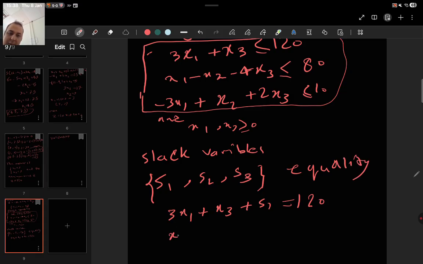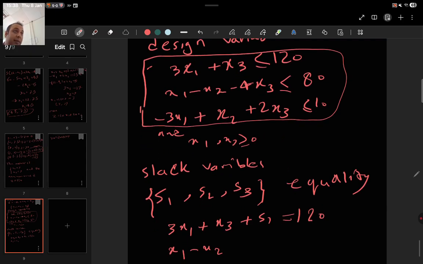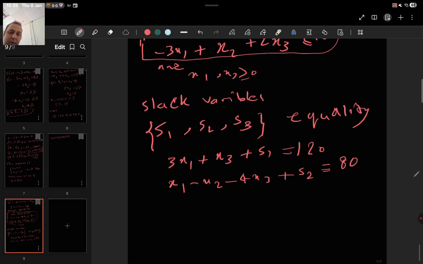For the second one, x1 minus x2 minus 4x3 plus s2 is equal to 80. The last one is minus 3x1 plus x2 plus 2x3 plus s3 equal to 100.